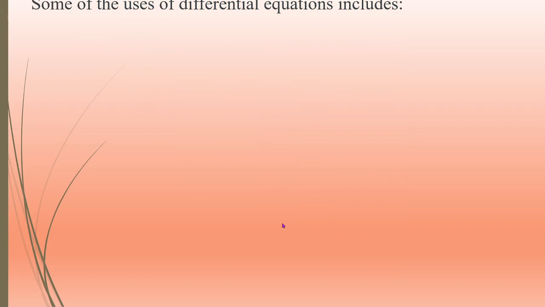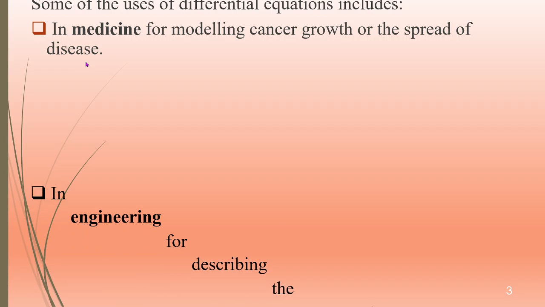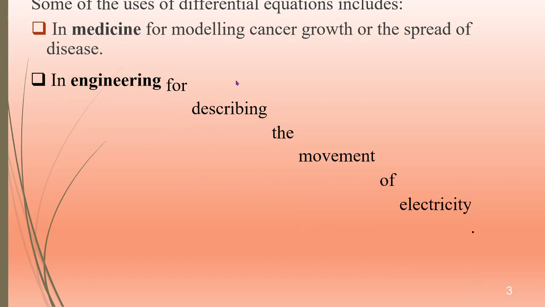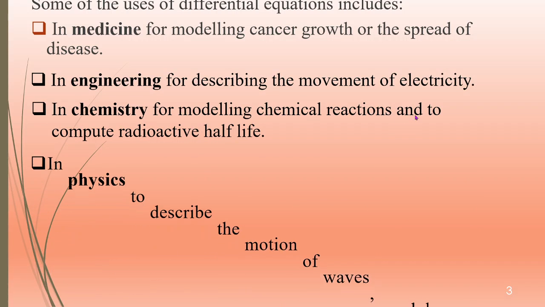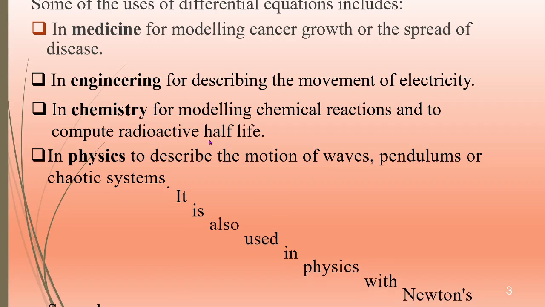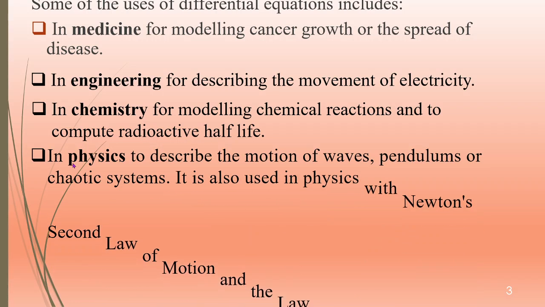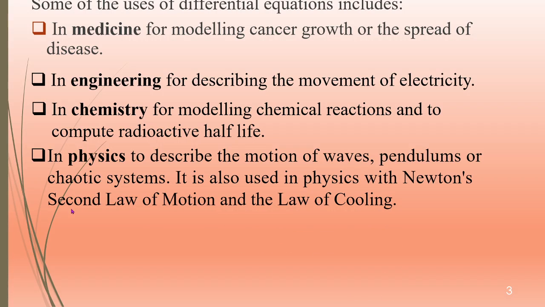Some of the uses of differential equation include, in medicine, modeling cancer growth or the spread of disease; in engineering, describing the movement of electricity; in chemistry, modeling chemical reactions and computing the radioactive half-life; whereas in physics, describing the motion of waves, pendulums and chaotic systems.